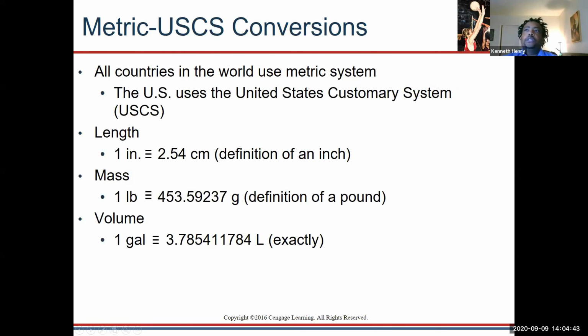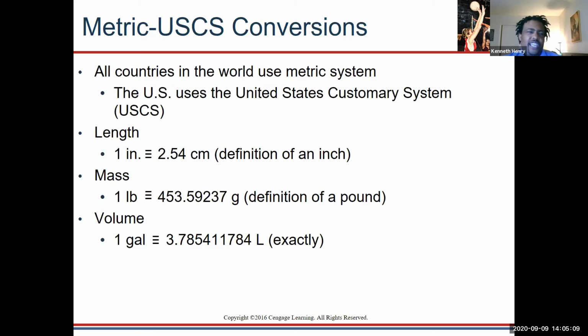Okay, so let's talk about the metric system and the United States customary system. The United States customary system is a fancy way of saying the empirical system. We don't want to sit there and tell everybody that we still rely on the king's measurements, the size of the king's foot and the size of his pinky and all of that stuff.